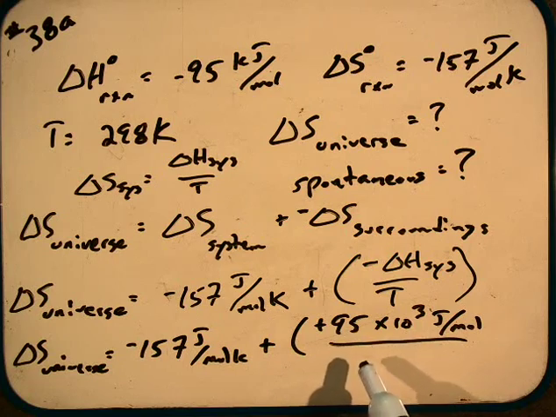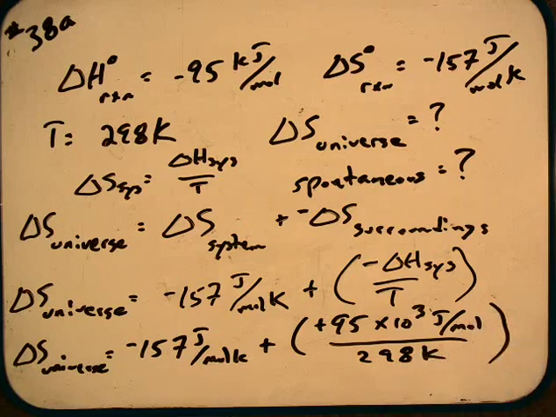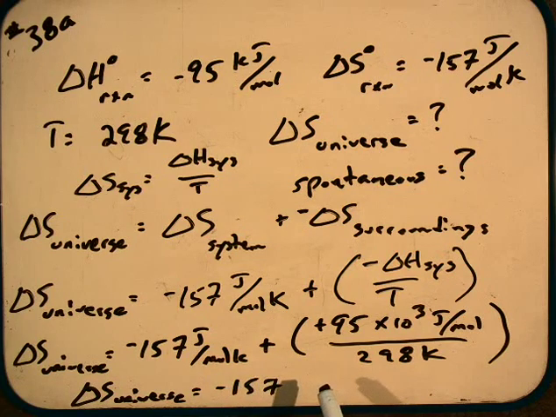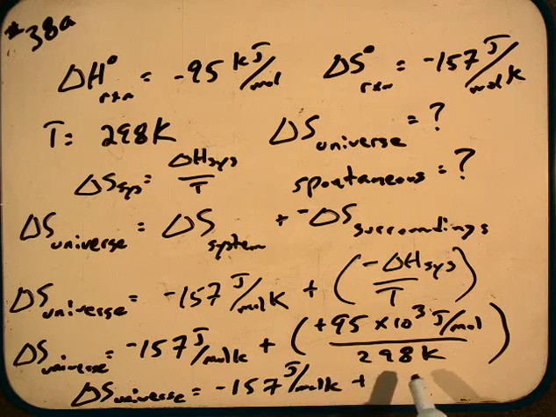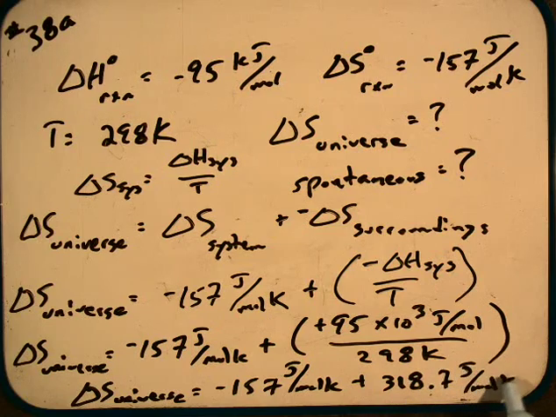Just be consistent. That's over 298 K. And so that delta S would be equal to negative 157 joules per mole Kelvin plus 318.7 joules per mole Kelvin.